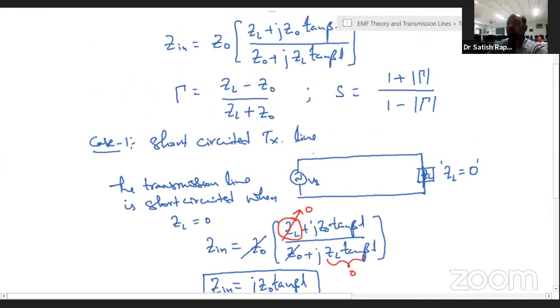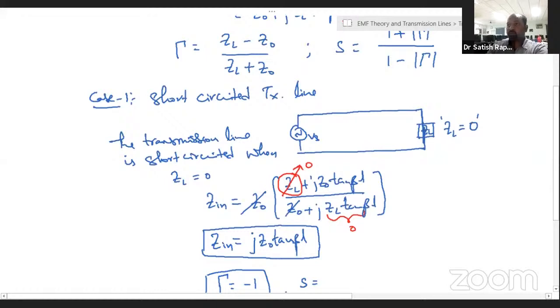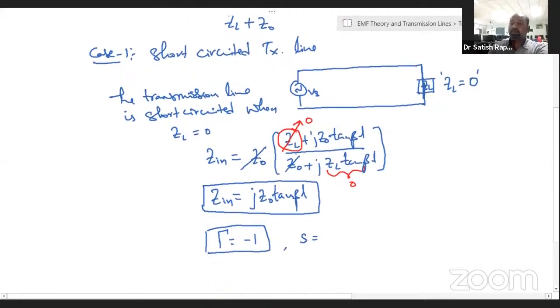Standing wave ratio is (1 plus 1) divided by (1 minus 1), and something divided by 0 is infinite. Therefore, the standing wave ratio is infinite.